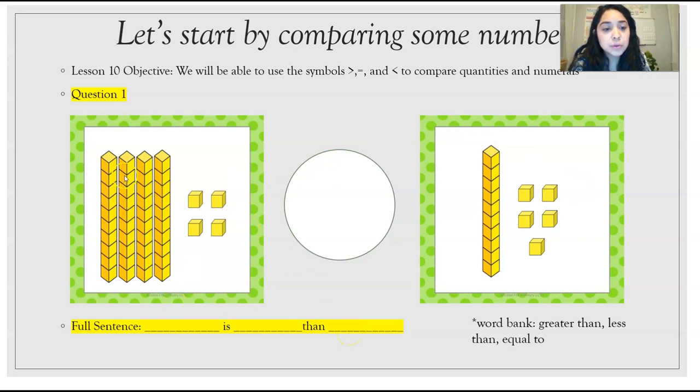So right here, you're going to go ahead and start by counting the quantities, and then you are going to use either the words greater than, less than, or equal to, and you're going to write them in here, and you're going to draw the greater than or less than signs to compare these two numbers. So this is going to be the first problem you guys are going to be able to complete. So if you are doing this on a sheet of paper, you can go ahead and pause it, or if not, you can do it on Google Slides or Google PowerPoint, I believe.